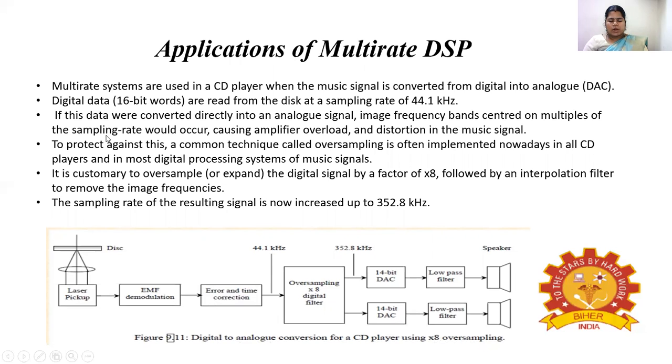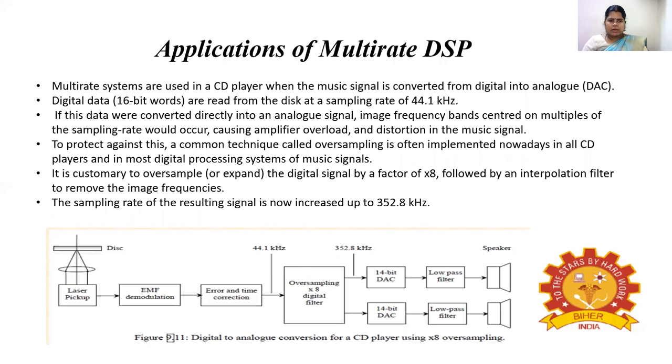Here the digital data of 16-bit words are read from a disk at a sampling rate of 44.1 kHz. If the data were converted directly into an analog signal, then image frequency bands centered on multiples of the sampling rate would occur, which causes the amplifier to be overloaded, so that distortion may occur in the music signal.